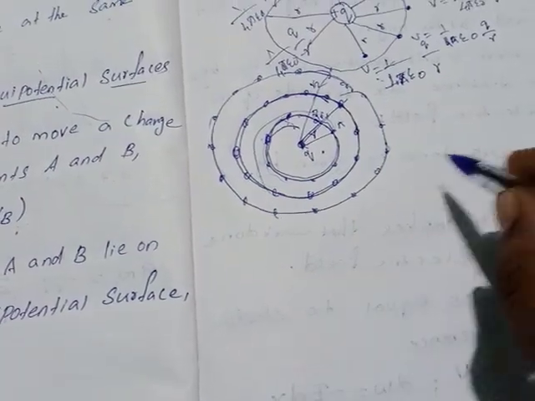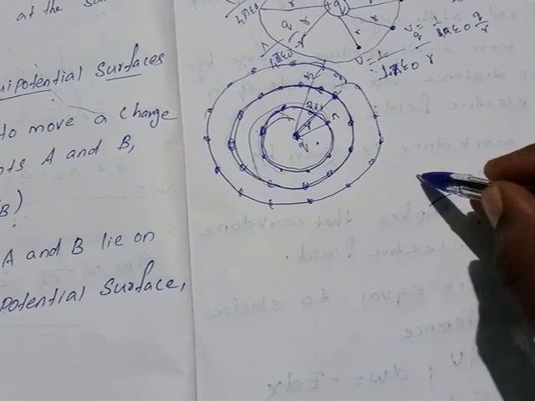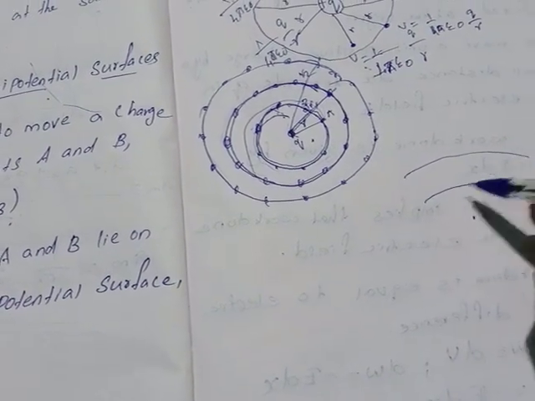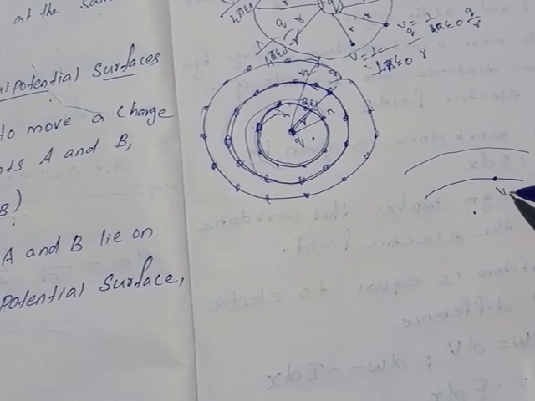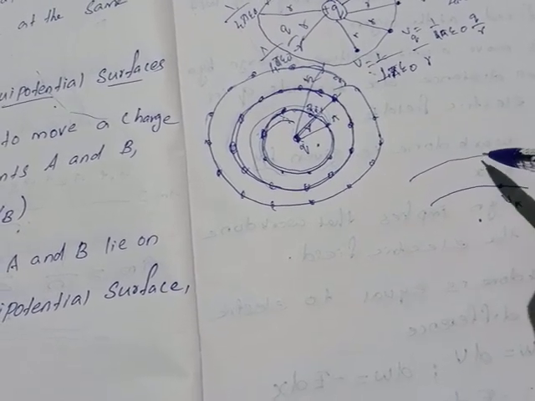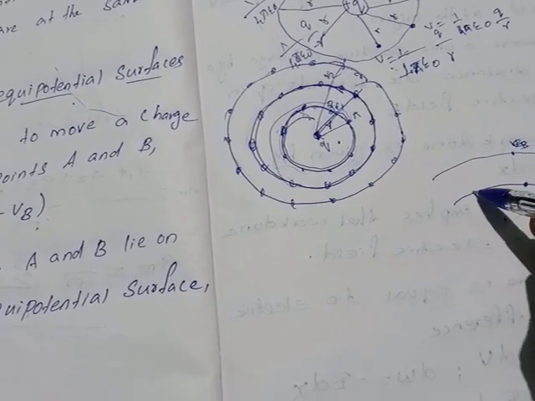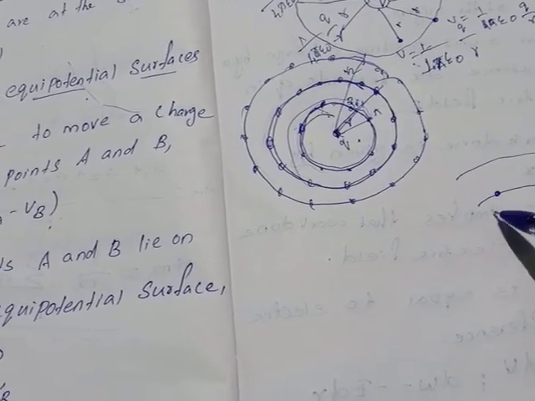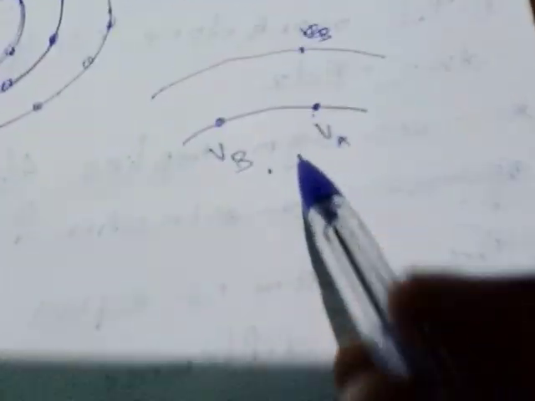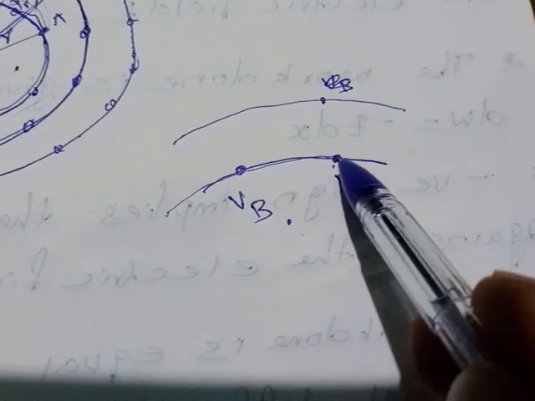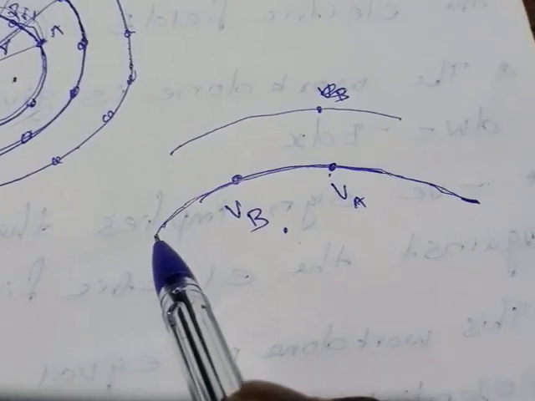For example, I am keeping one surface here, another surface here. This surface I take as VA, and this surface as VB. This is an equipotential surface, and this is an equipotential surface.